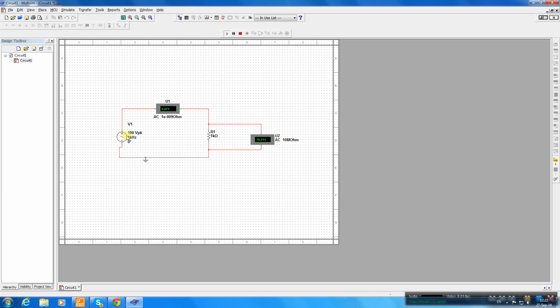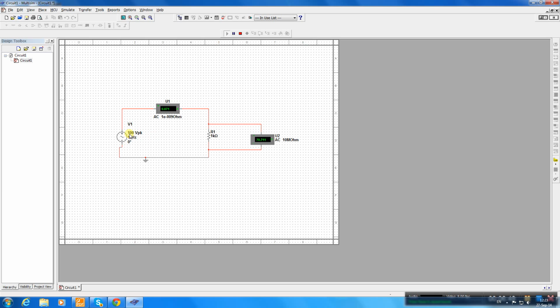As you know, the amplitude is 100 volts. Using Ohm's law, you can easily check if it is a correct result or not. But please remember that we are talking about AC, not DC. If we have 100 volts and resistance 1 kilo ohm, so why do we have 70? That's a question.